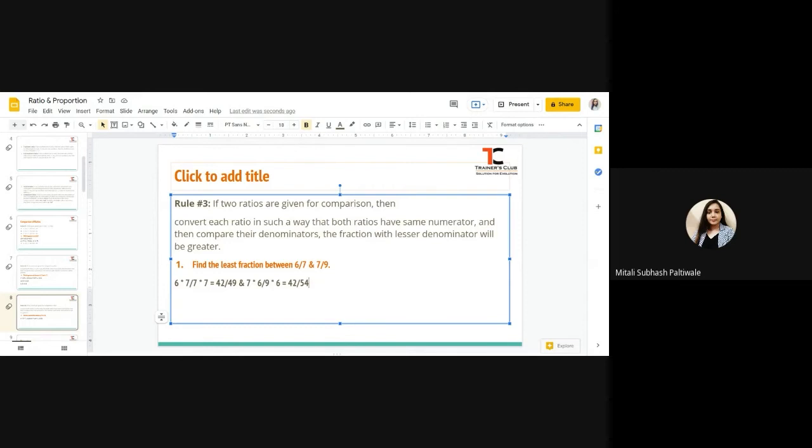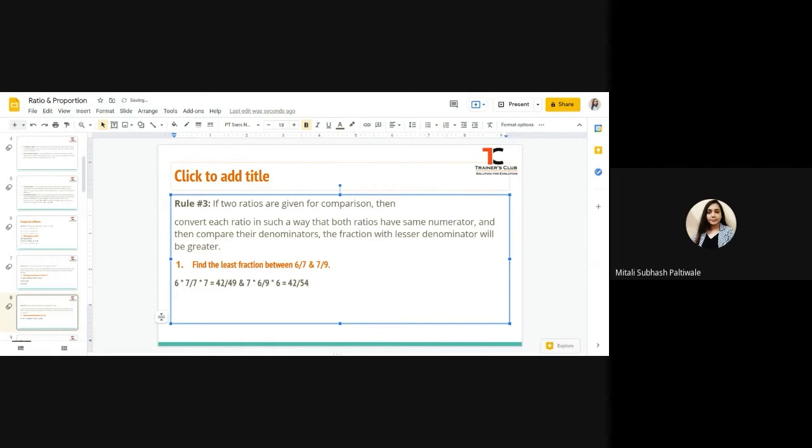We can see that the numerators are now equal, and the one having the lesser denominator is 42 by 49, and the other having the greater denominator is 42 by 54. So the fraction having the lesser denominator will be greater, so the 6 by 7 ratio is greater than the other one.